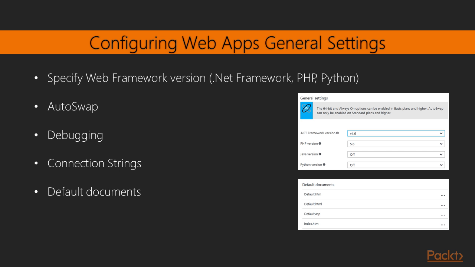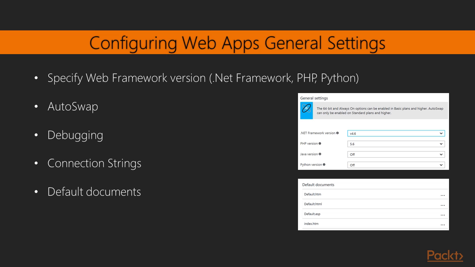So the first part, a light introduction on configuring web apps general settings. The Azure web apps general settings allow you to specify the specific web framework version, like the .NET framework you're using for your coding, PHP, Python, or the different versions supported.